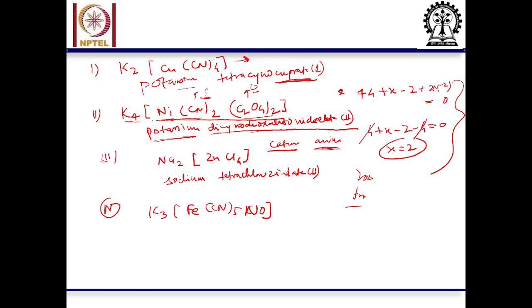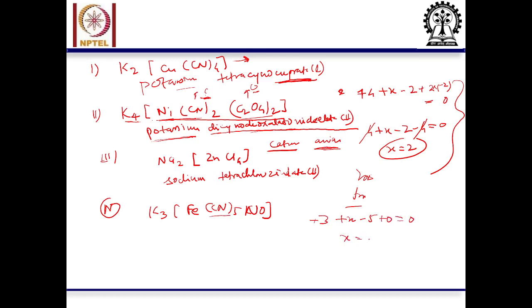Can anyone just find out where the mistake is? Yeah, absolutely correct. So here you have plus 3 plus x minus 5 plus 0 is equal to 0.